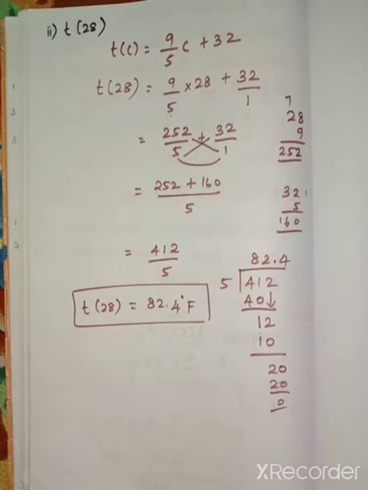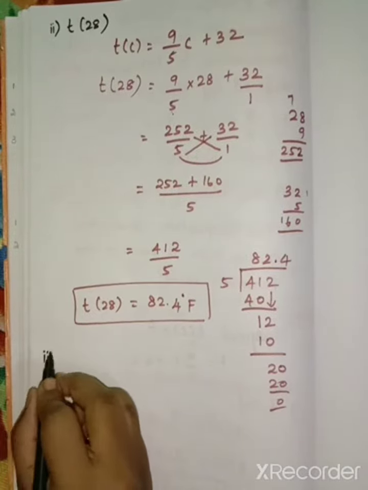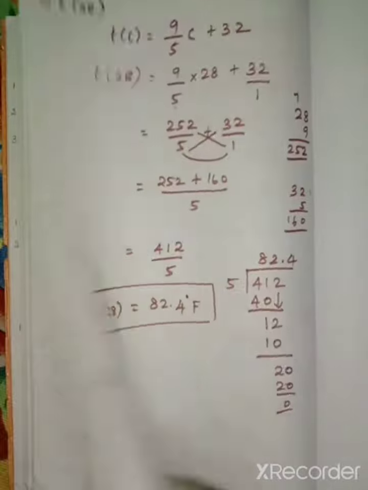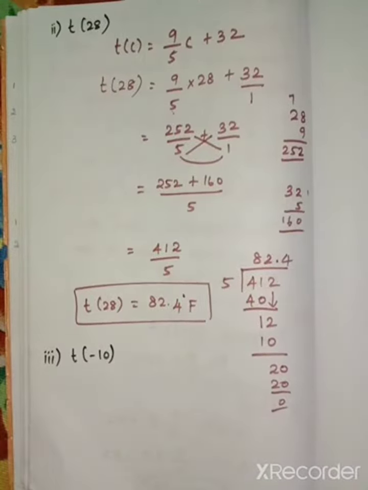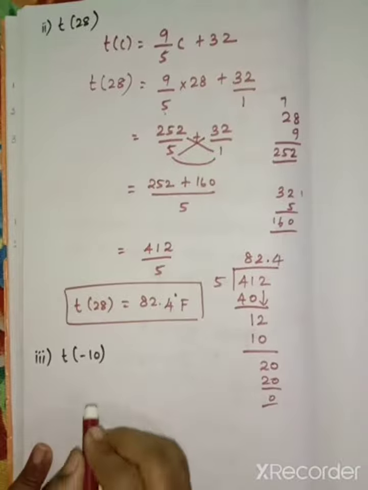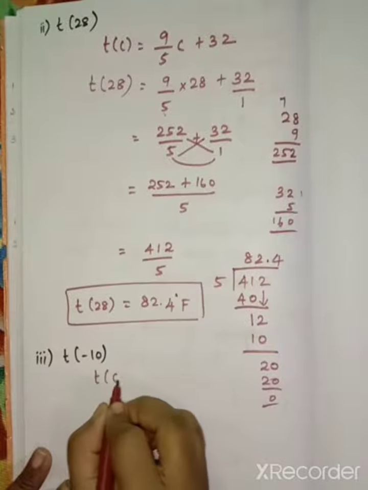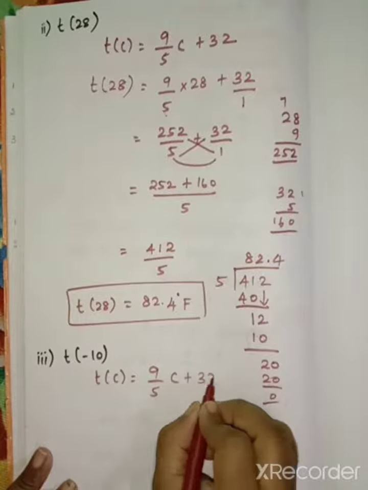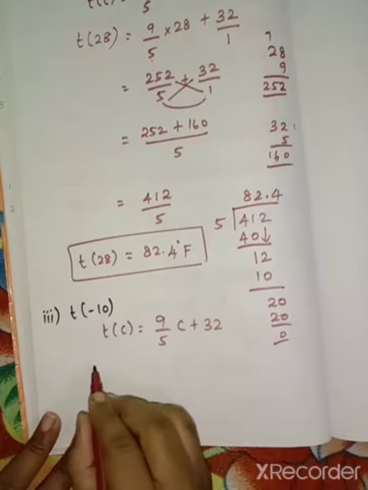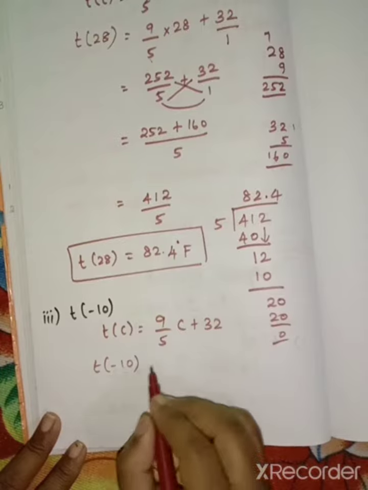Likewise, we want to find the third subdivision. So the third subdivision is T of minus 10. So likewise we want to substitute. So here T of C equal to 9 by 5C plus 32. In place of C we want to substitute minus 10.